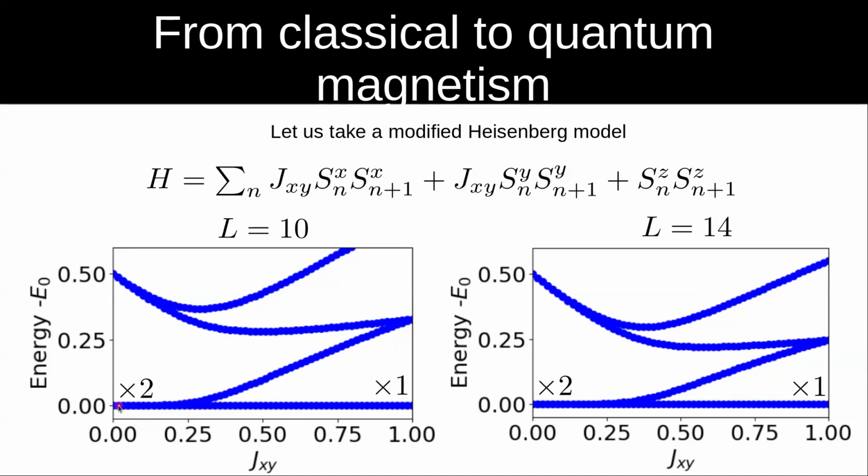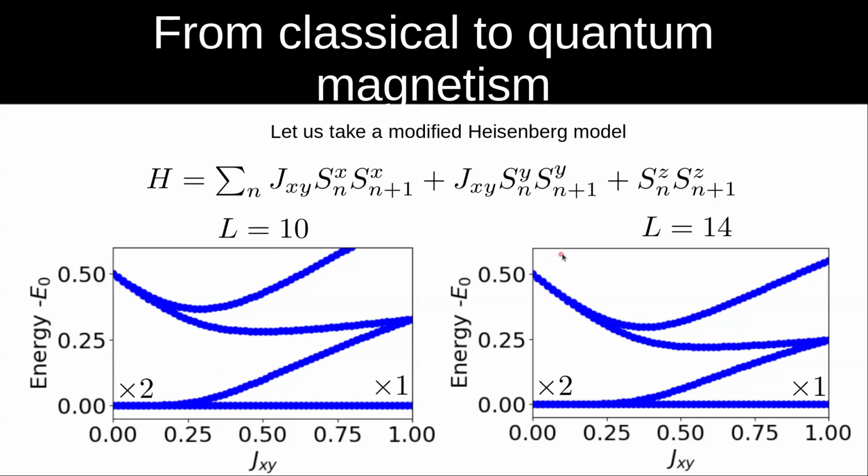So in the Ising limit, we have a double degeneracy. And of course, this keeps happening when you go to the thermodynamic limit. If you now go to the Heisenberg limit, what you actually see is that one of the eigenstates gets a finite energy, and you end up only with a single ground state. And this kind of departure happens, let's say, somewhere around 0.3 for a system with size 10.